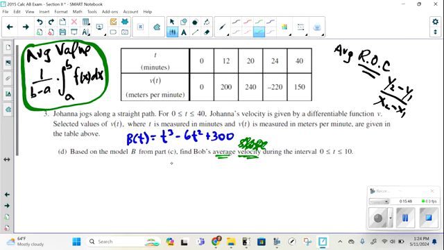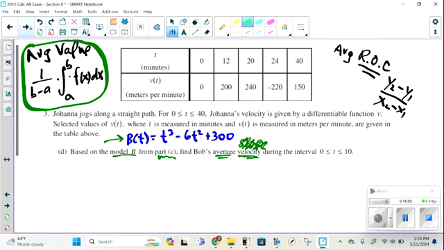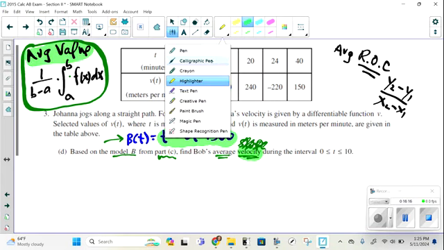They get tricky here. They say based on this model B from the previous part. If I go back, this model B is the velocity. Okay, so I don't have to take the derivative to get velocity. I already have it. If I want the average value of velocity, and they gave me velocity, I'm going to use the integral.